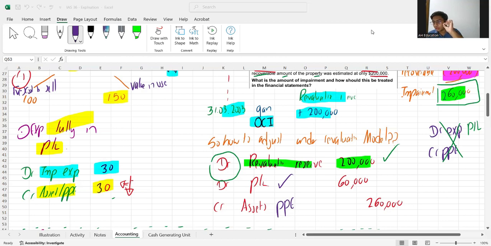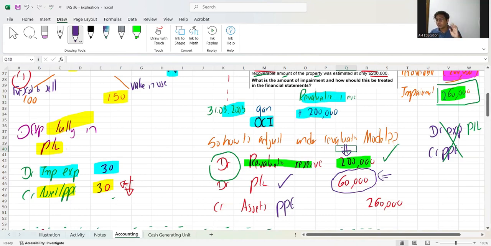If there's a revaluation gain, first you need to set off your impairment against that gain, right? And if there is any excess of your impairment, that only will be taken to your profit or loss as impairment expense. So this is the difference between your cost model and your revaluation model. In summary, in the cost model, you directly take an expense into your P&L, regardless of the amount.